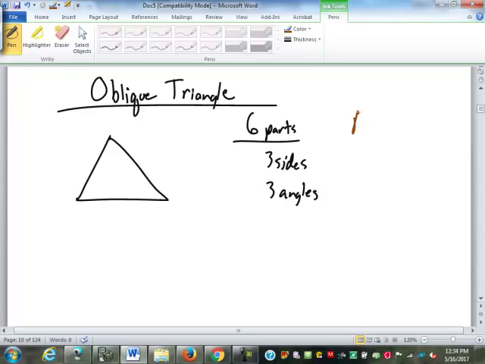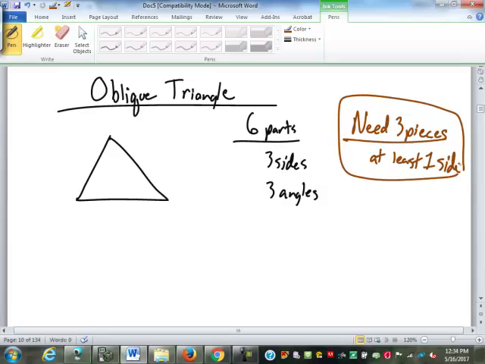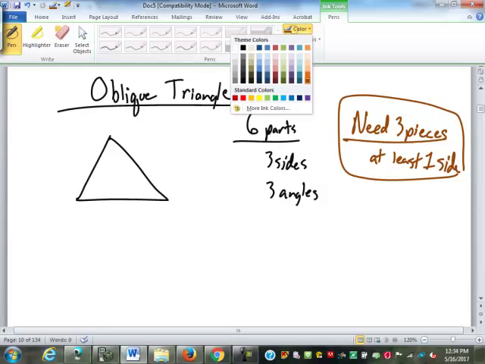The key is, of those 3 pieces, at least one has to be a side. And we did this with our right triangles. We had the right angle itself, and then we either had to have 2 sides or a side and one of the other angles. Well, in oblique triangles, there's no right angle, so we have to know 3 pieces without a right angle in there.